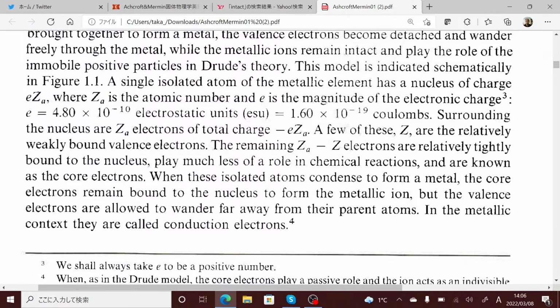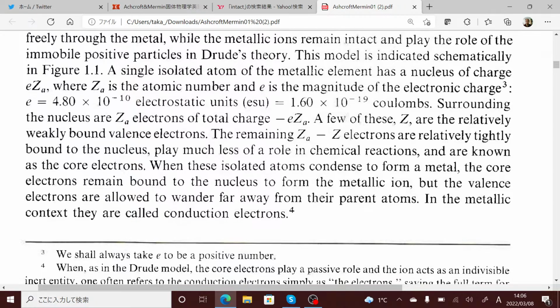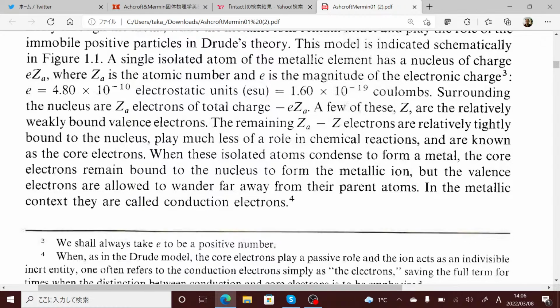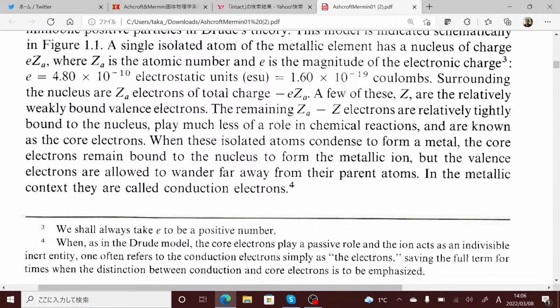Surrounding the nucleus are Z_a electrons of total charge minus eZ_a. A few of these, Z, are the relatively weakly bound valence electrons.